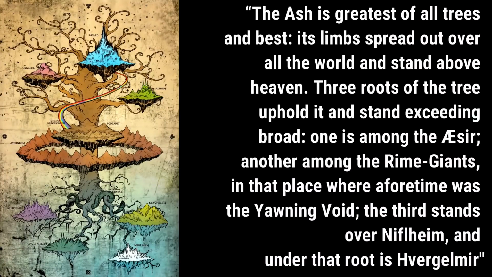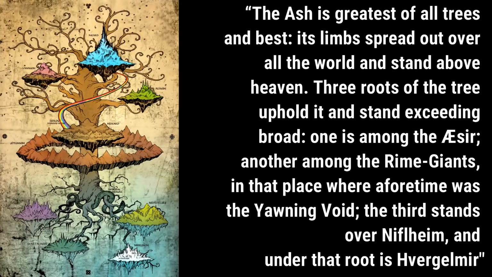Its limbs spread out over all the world and stand above heaven. 3 roots of the tree uphold it and stand exceeding broad. One is among the Aesir, another among the Rime giants, in that place where aforetime was the yawning void.